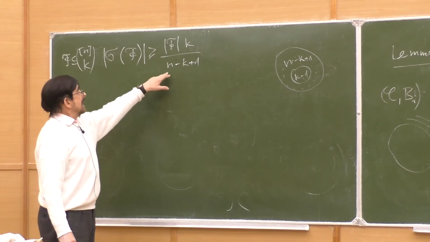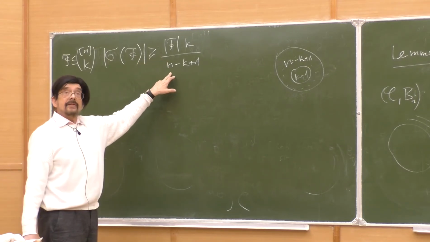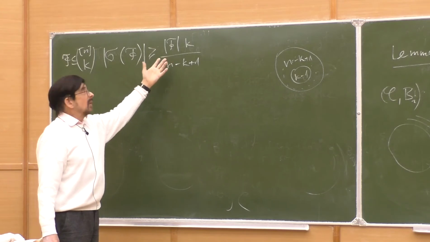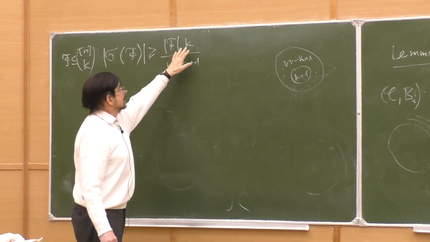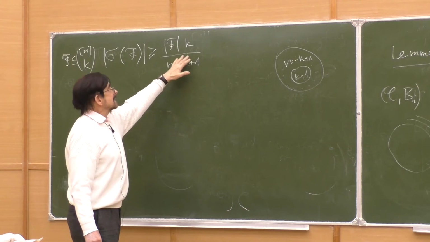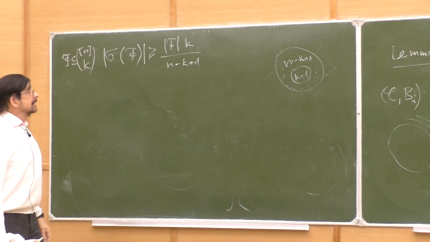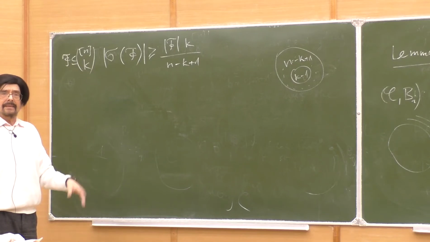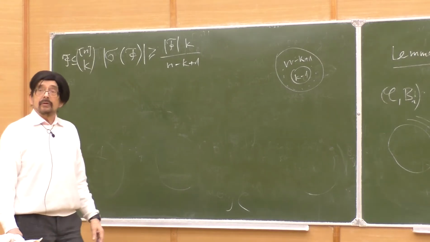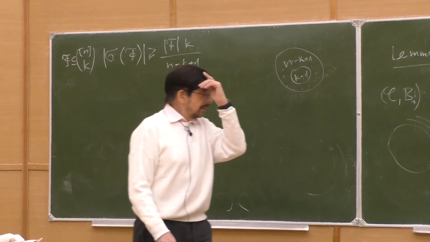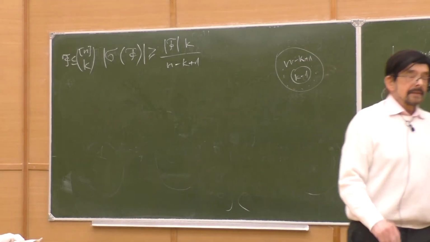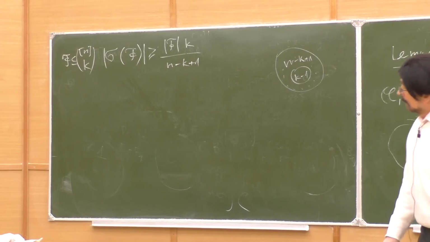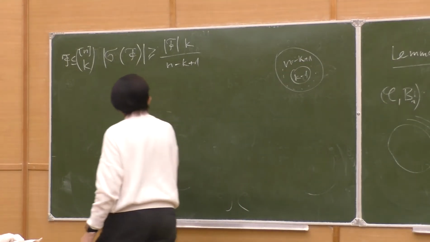Because if k is fixed and n tends to infinity, then it tends to 0 for given f and given size of sets and given k, which you can see cannot be true. To have a feeling, try to think about the case k equals 2.